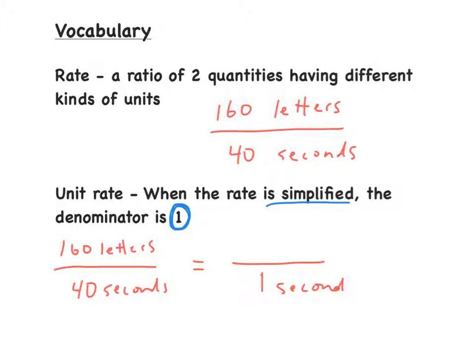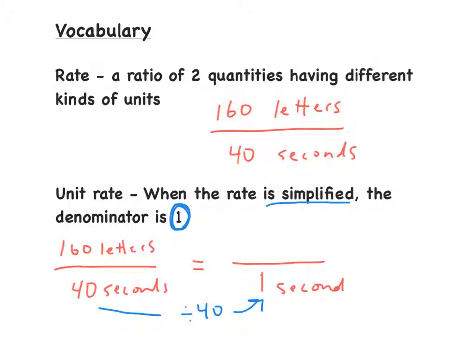So in this case, 160 letters per 40 seconds. I want the unit rate for 1 second. How many letters can I type in 1 second? So in this case, how do I go from 40 to 1? So to go from 40 to 1, I would divide by 40.